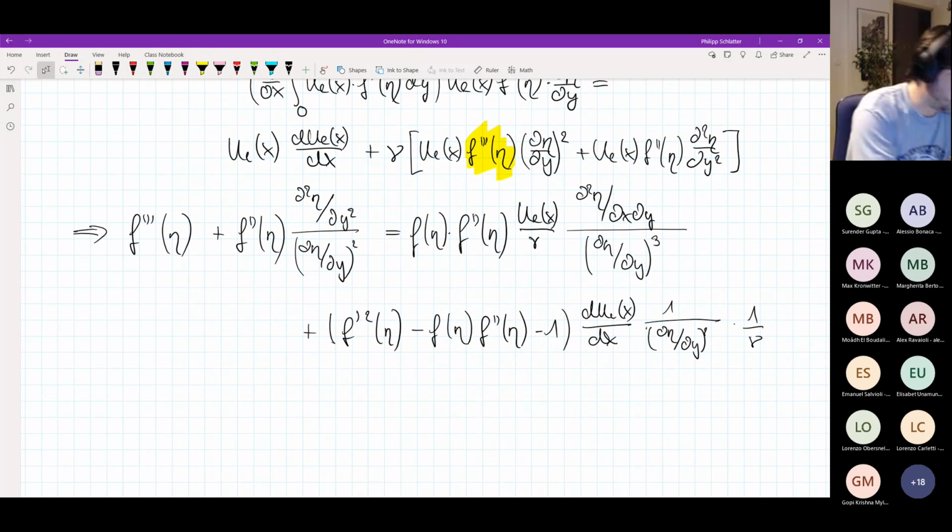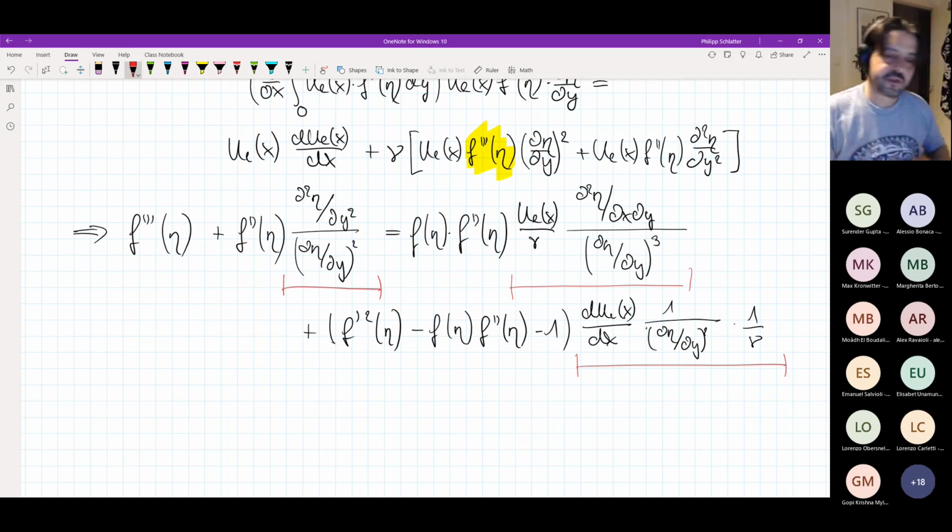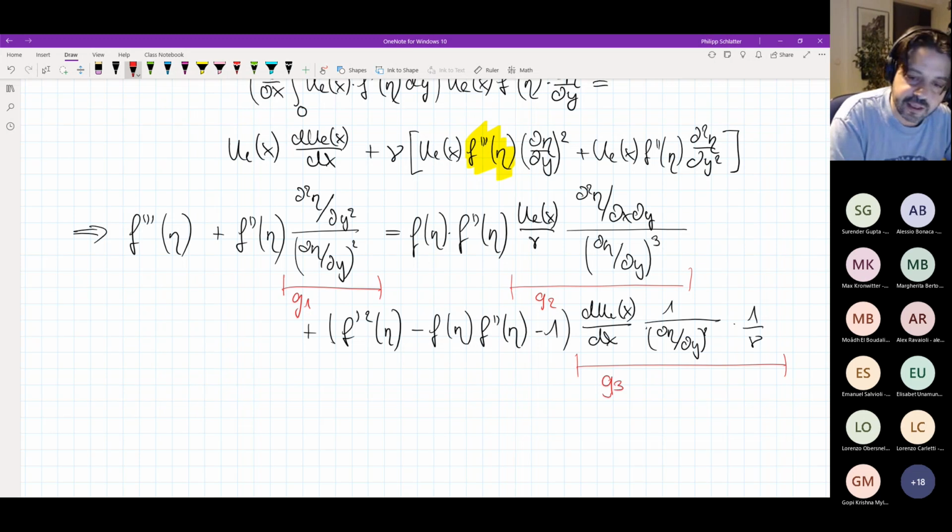that all the coefficients that we have, that means this coefficient, this coefficient, and this coefficient, so these three coefficients, which I can call G1, G2, and G3, need to be non-dimensional. Or non-dimensional in a sense that these three terms can only depend on eta, but not on x and y.